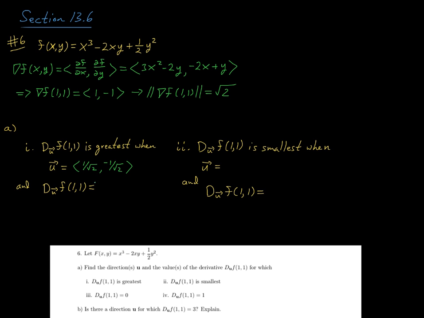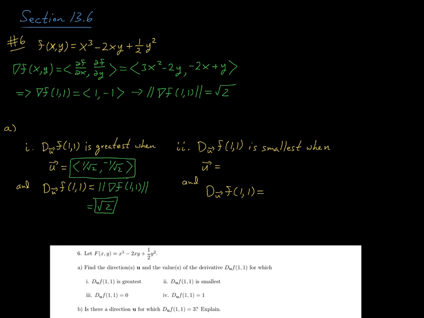And then we also proved that the maximum rate of increase is simply equal to the magnitude of the gradient evaluated at the point, which is equal to the square root of 2. All right, so these would be our answers for this first part.